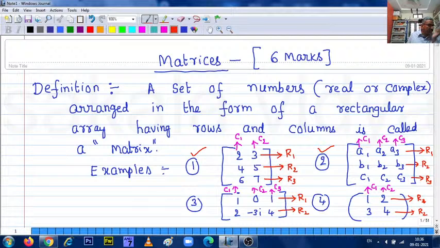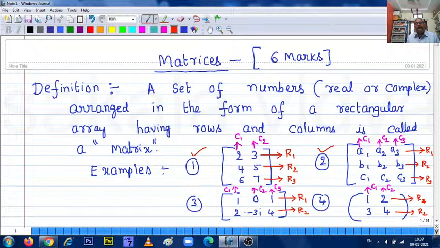And one more thing: this is horizontal, this is vertical. That means the horizontal lines of numbers are called rows, and the vertical lines of numbers are called columns. Now 2, 3, 4, 5, 6, 7 are called the elements of this matrix. A1, A2, A3, B1, B2, B3, C1, C2, C3 are also elements of the second matrix.